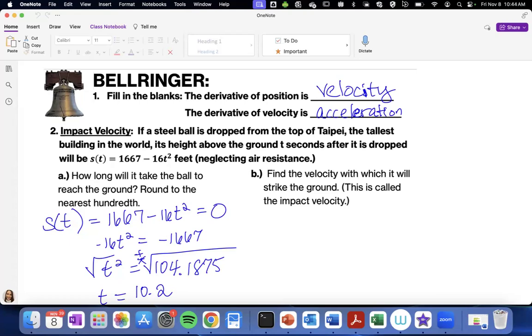You guys can round to the nearest 10th if you want. Did you guys get a value for this?